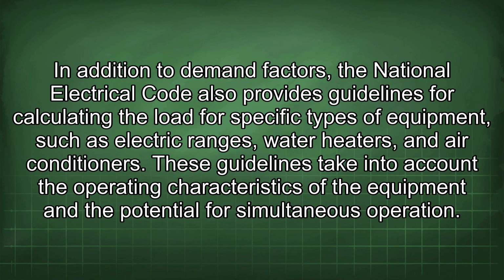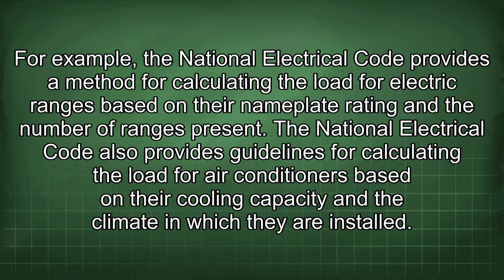These guidelines take into account the operating characteristics of the equipment and the potential for simultaneous operation. For example, the National Electrical Code provides a method for calculating the load for electric ranges based on the nameplate rating and the number of ranges present.